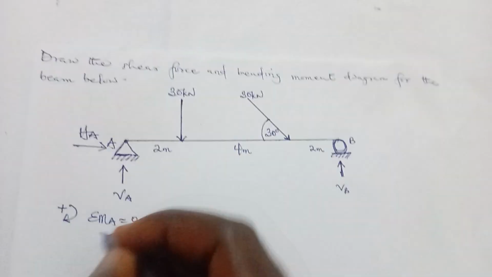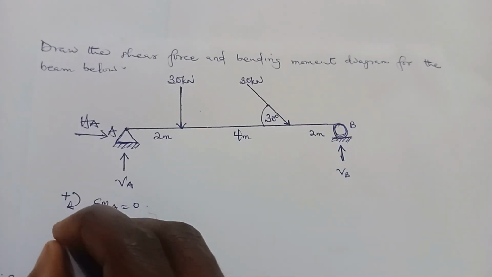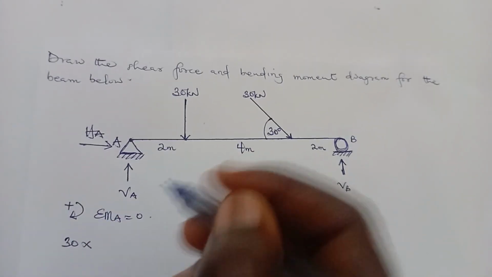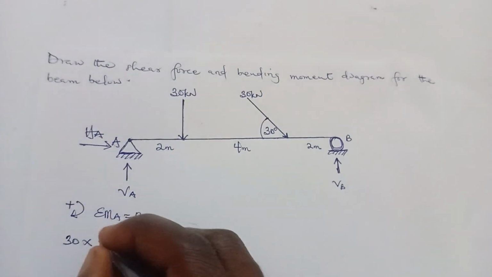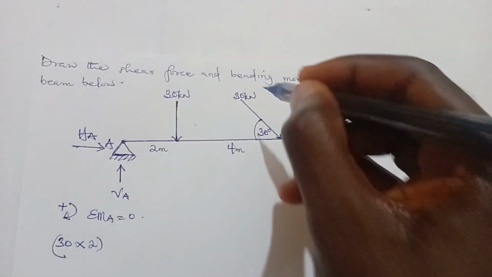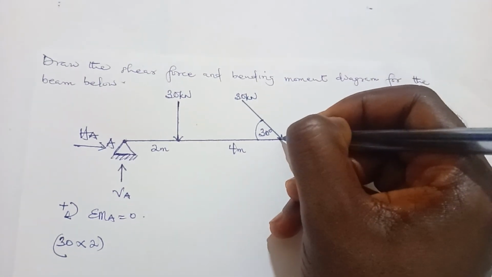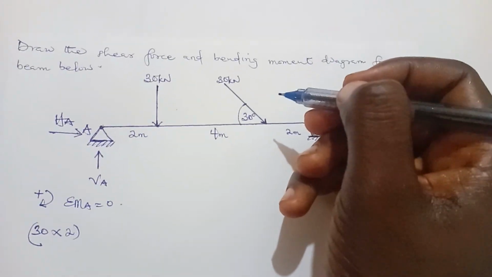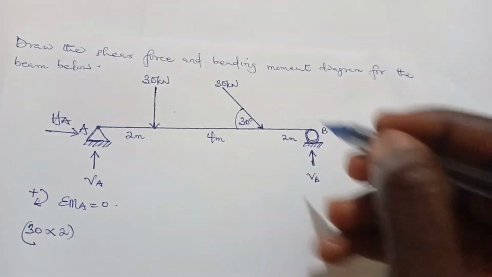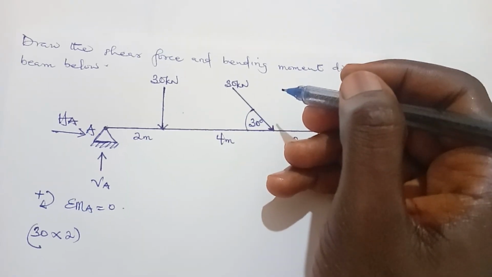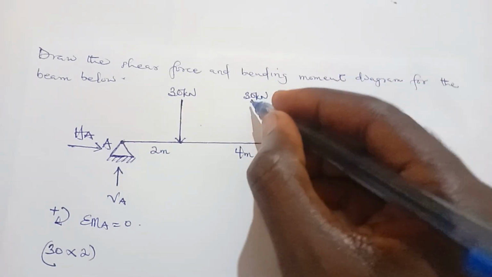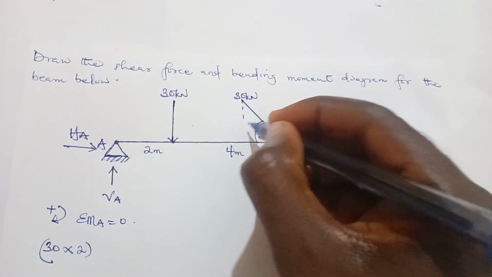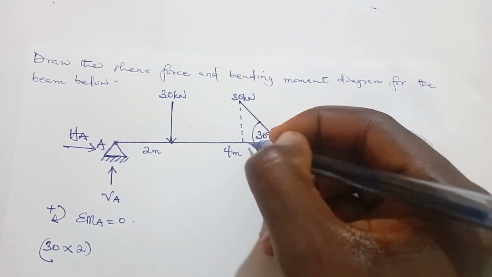The 30 kilonewton is going to cause a clockwise moment. So it's going to be 30 times the perpendicular distance, which is 2. This is an inclined load, so it's an inclined force, and we need to resolve it into its vertical and horizontal components. When we resolve it, we're going to get something like this.